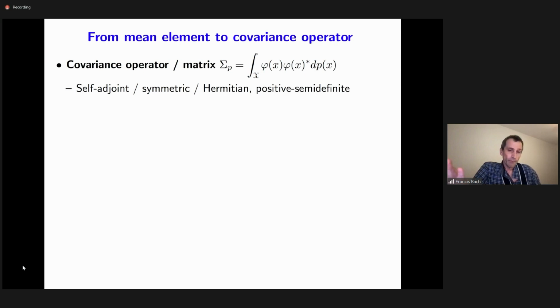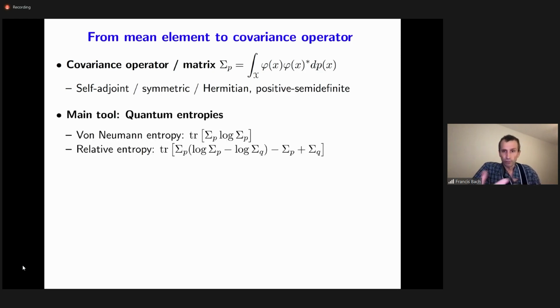So we know nice things about that matrix. It's always symmetric and positive semi-definite. And we're not going to use a square norm between sigma P and sigma Q. We could use the Frobenius norm or the Hilbert-Schmidt norm, but we're going to look at quantities which are closer to information theory.